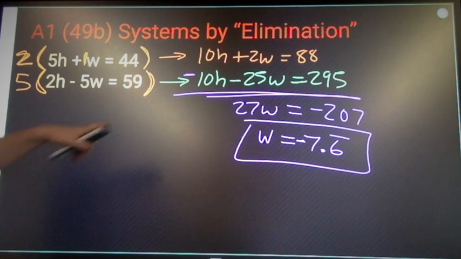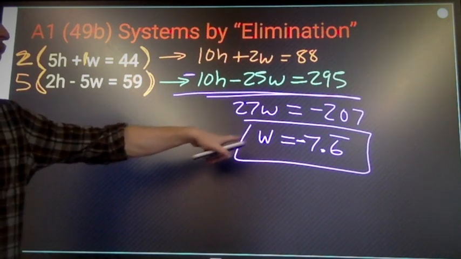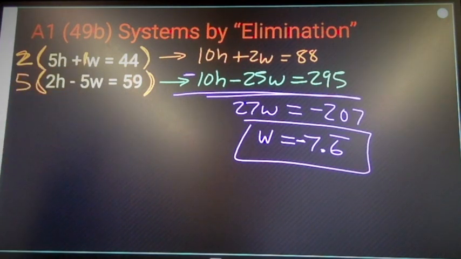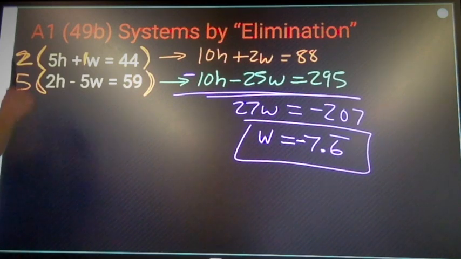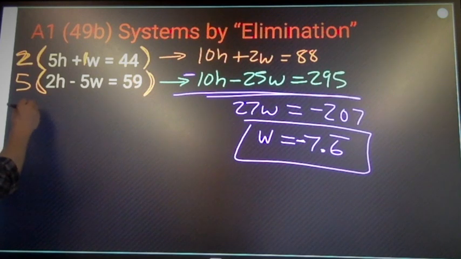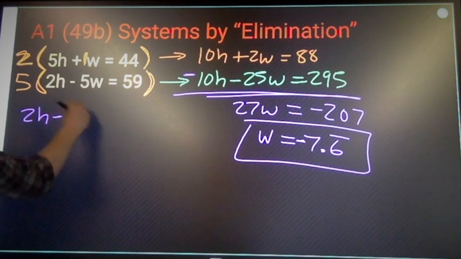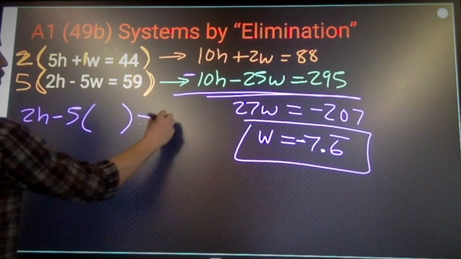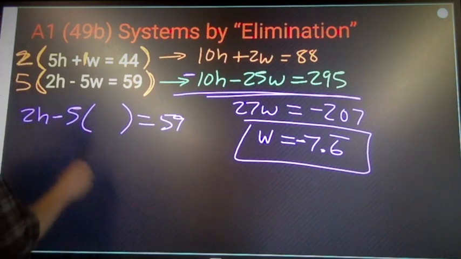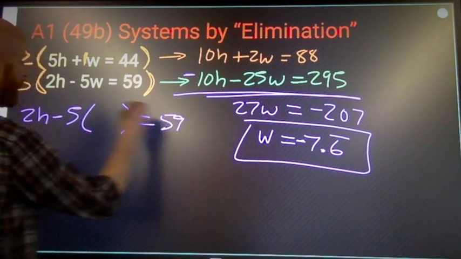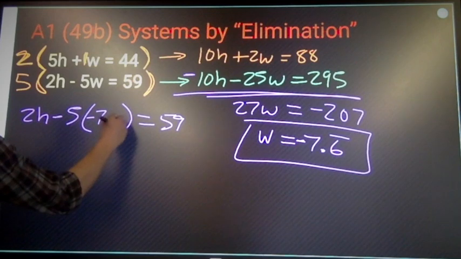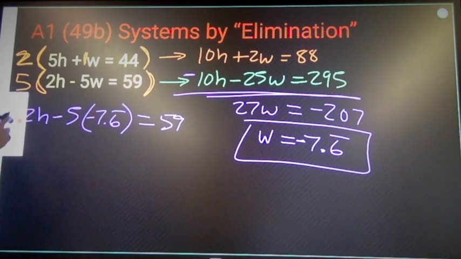Then take what we know w to be and insert it into one of these two equations. I'm going to insert it into the bottom equation. So we've got 2 h's minus 5 times w equals 59. Instead of writing w, I'm going to write -7.6 repeating.